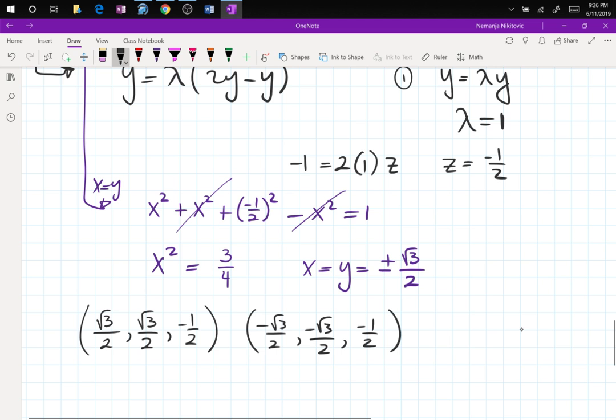I do not get 4 points because I cannot have negative root 3 and positive root 3, because of the condition of the problem, the symmetry that x equals y. So I don't get to pick the cross ones like I had in a previous problem. The previous problem did not have this condition, therefore we were able to have positive with negative. Now it's positive with positive and negative with negative only.